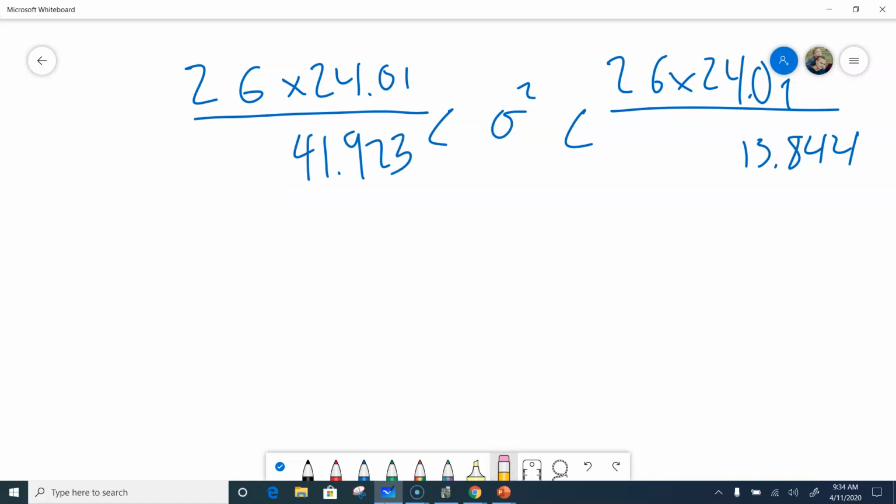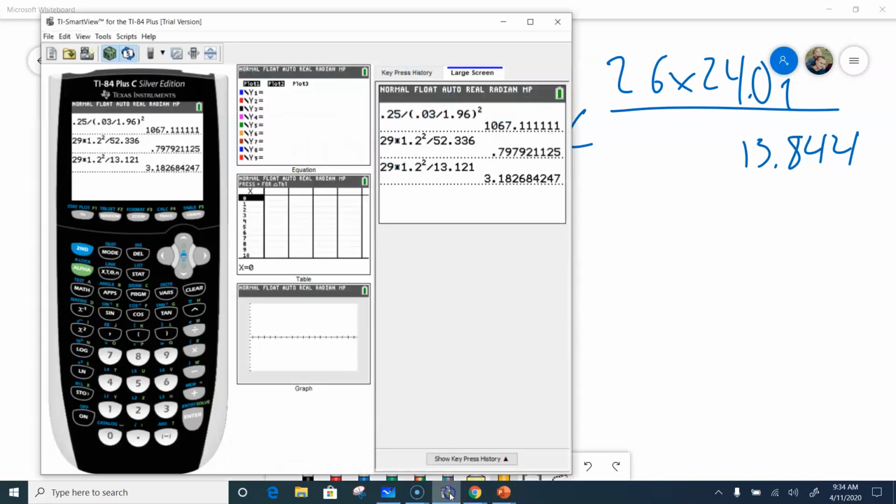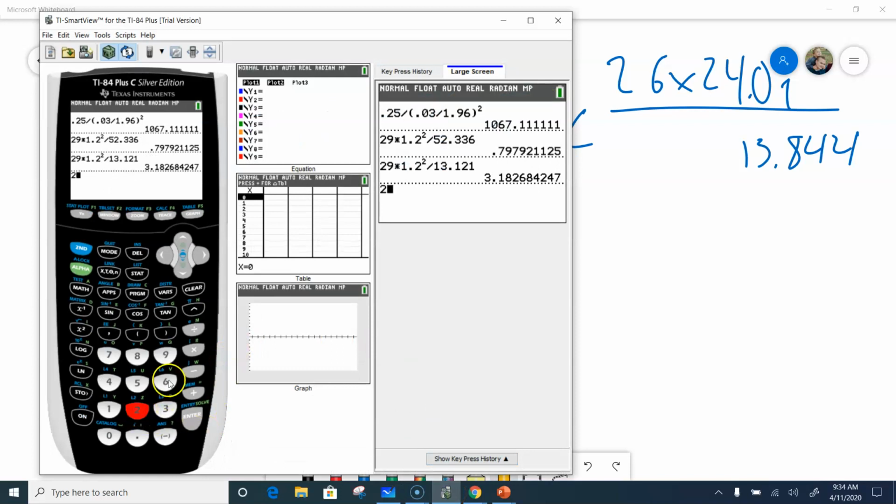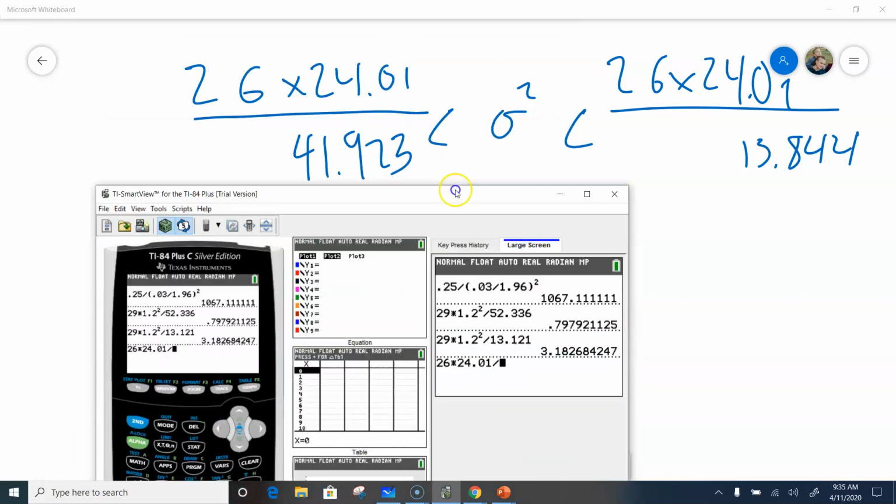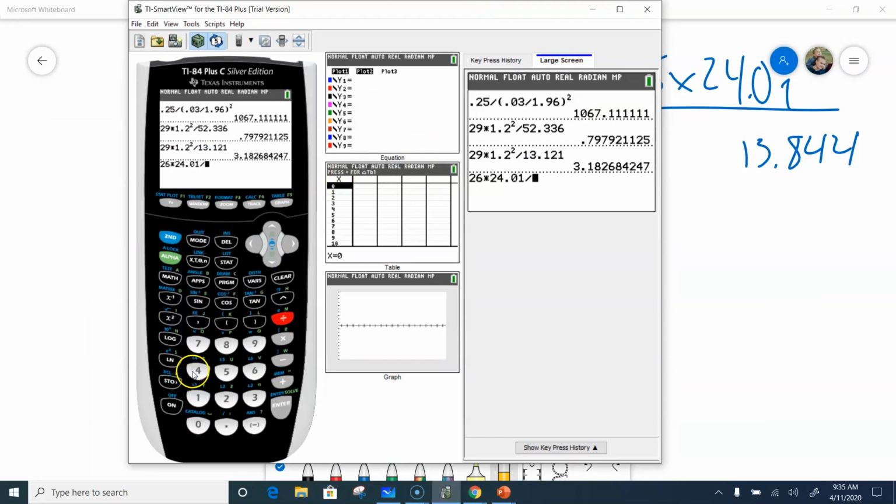Okay, so now it's just really a calculator deal at this point. We're going to take 26 times 24.01, and then we're going to divide that by chi-squared right, 41.923. Remember, you're dividing by a bigger number, so you get a smaller number. So that helps make sense of it.